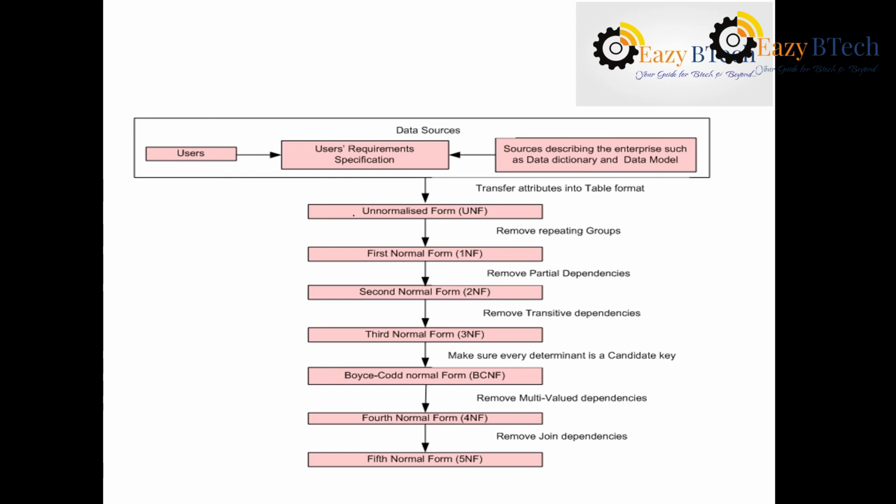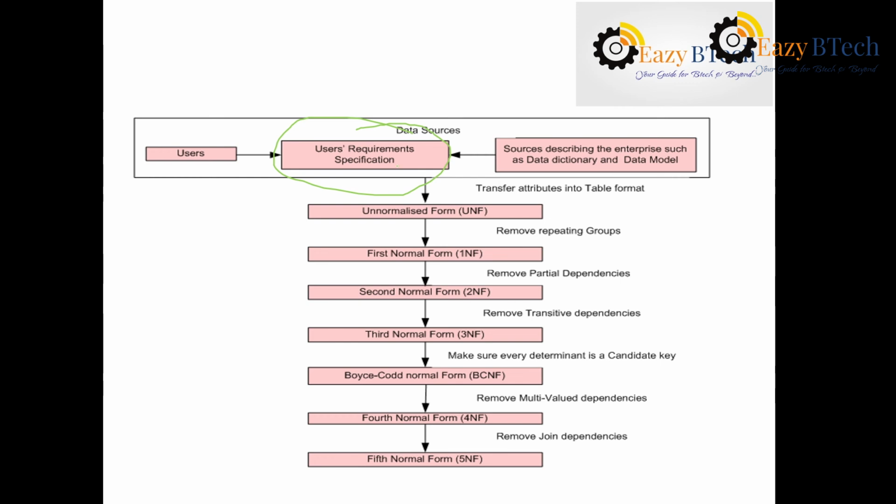If you know this particular table, we can easily identify them. Please try to remember this table: user, data source, user requirement specification, and the source describes the enterprise, such as the data dictionary and data model. First of all, the user, as a client, says what the requirements are and wants to know the design. Then here we have some models.